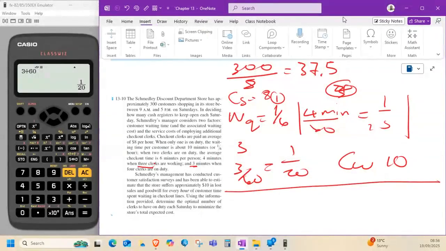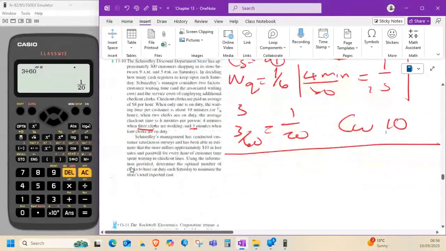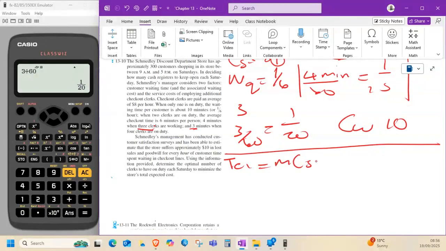So this becomes total cost, using the formula that we just covered: MCS plus CW times WQ.